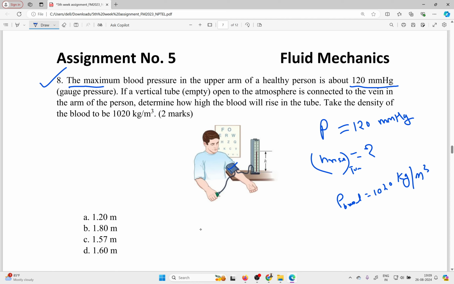So pressure in mmHg, what does it mean? mmHg is given as 120 mmHg. So how will you convert it into Pascal, or Newton per meter square?